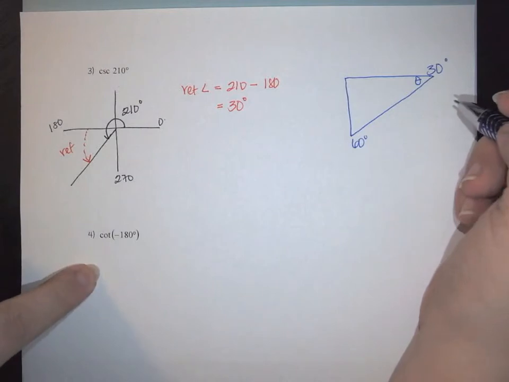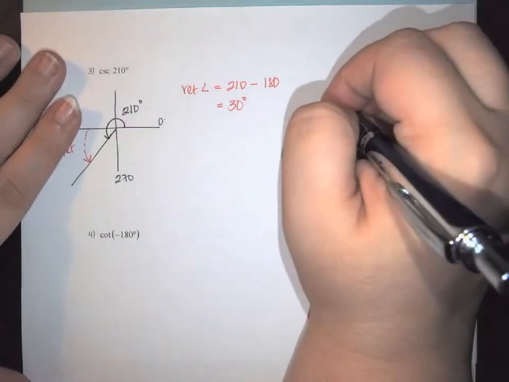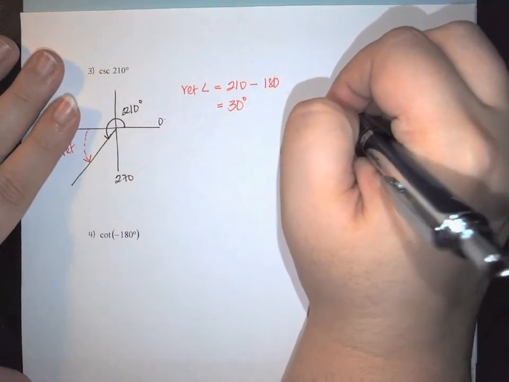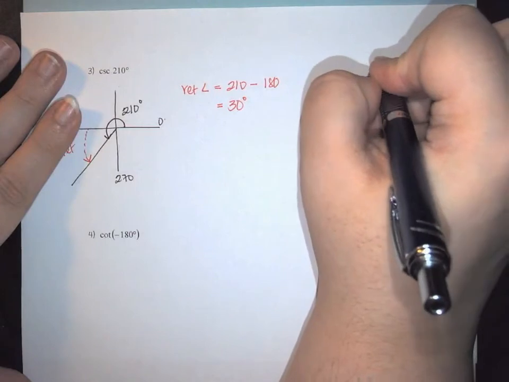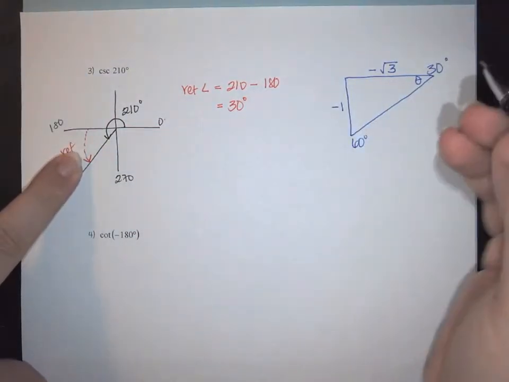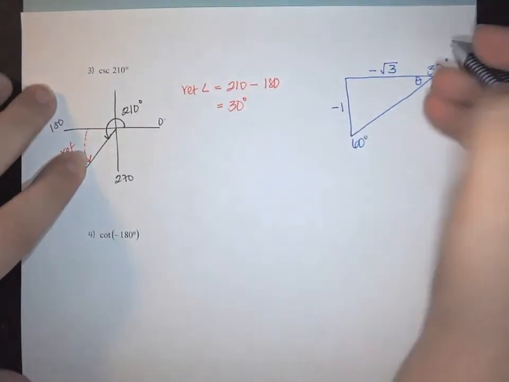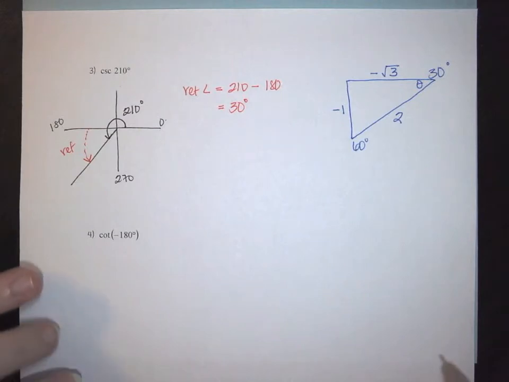And the other thing I know about a 30, 60, 90 is I know that across from 30 is going to be 1. In this case it's negative. Adjacent to my 30 is going to be that square root of 3, but again, because of my quadrant, it's negative. And then that means my hypotenuse here is 2. So this again would be that special triangle.